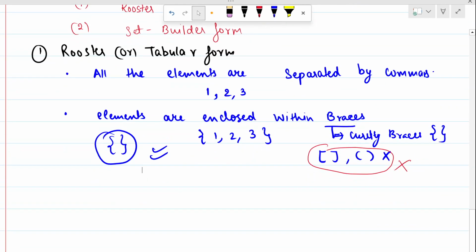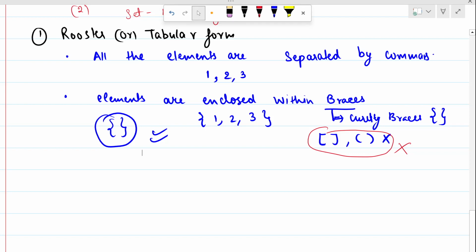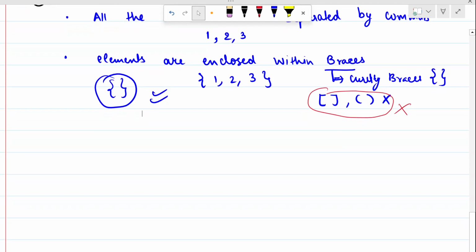So this was about roster type of set. Second we have set builder notation, set builder form. So what is set builder form?